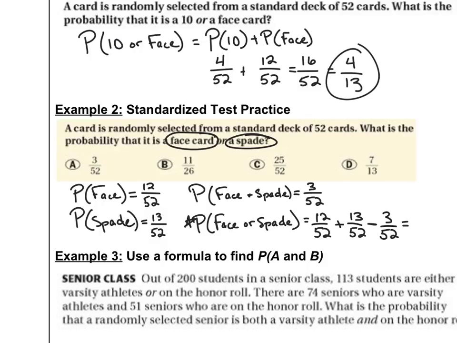What that nets us here: 12 plus 13 is 25, and 25 minus 3 is 22. So 22 over 52. And to simplify 22 over 52, we get 11 over 26. So that would be letter B. And that's how you find the probability of an overlapping event, when they have something in common.